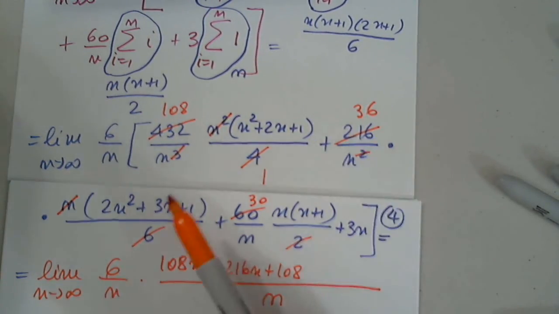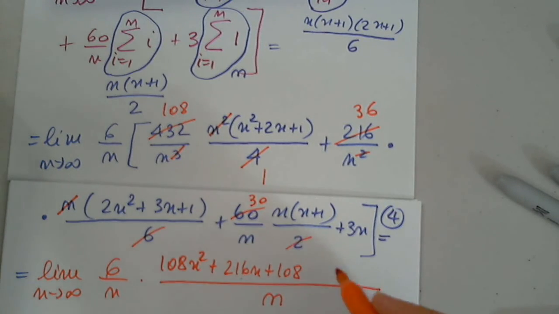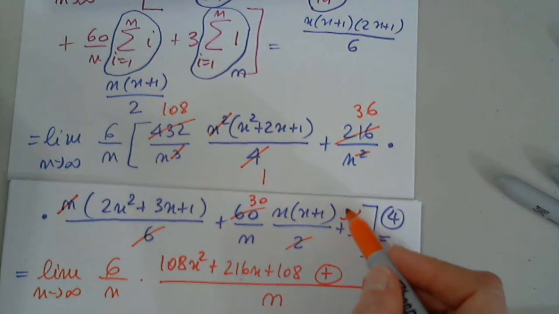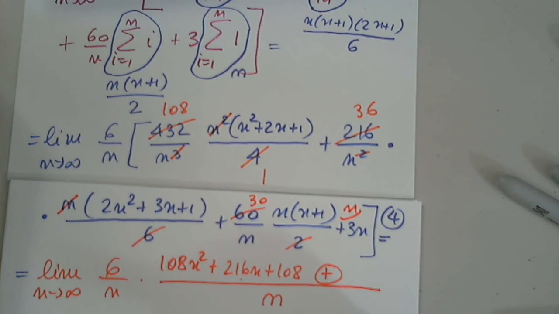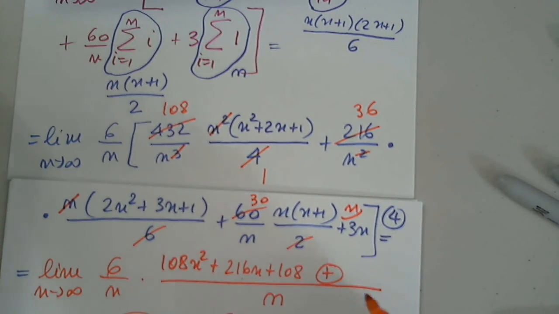And I'll distribute 36 in here, and I'll better just write it here. 36 times 2, 72n squared plus, again 36 times 3, 108, and plus 36, and then plus 30n squared plus 30n, and this one needs an n, plus 3n squared. So all this is up here.